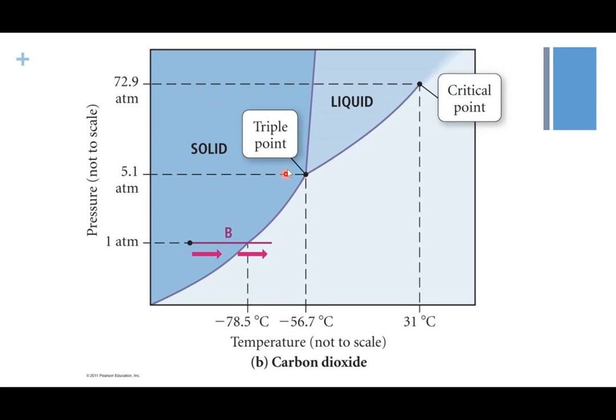Okay. So in order to get carbon dioxide to become liquid carbon dioxide, we'd have to significantly increase the pressure in order to see a liquid carbon dioxide. So dry ice is just solid carbon dioxide going straight to gas, and that happens at 1 atm of pressure.